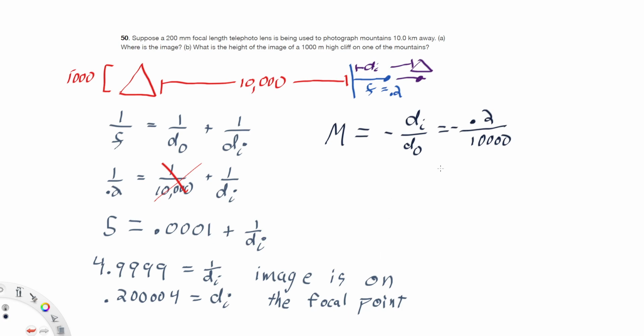So it's negative 0.00002. In other words, this is going to be upside down and very small.